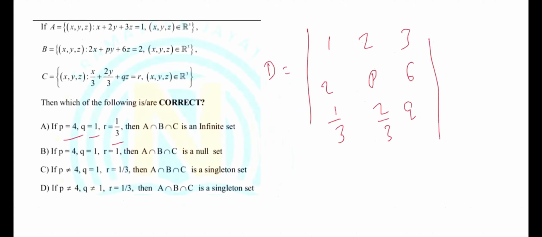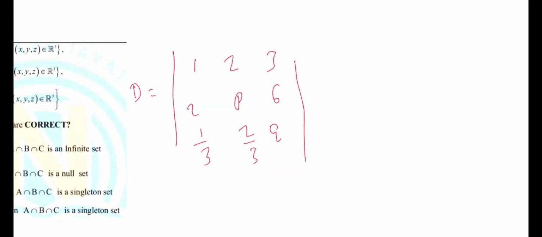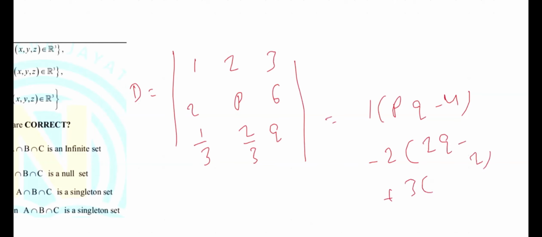Okay, it's a bit lengthy, but let's do it. D equals 1 into (pq minus 2 by 3 multiplied by 6), that is 4 minus 2, that is 2q minus 2, plus 3 times (4 by 3 minus p by 3).